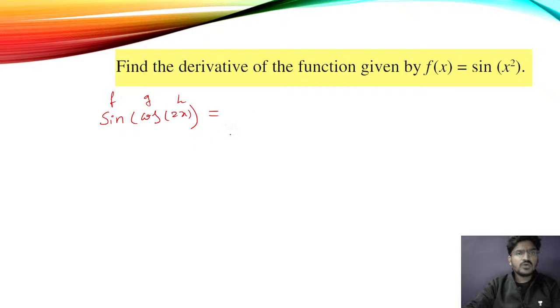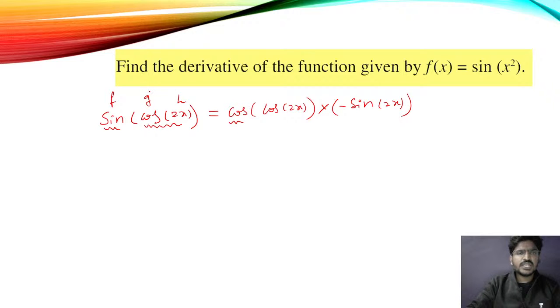You are going to have three functions. So cos of cos 2x you are going to have, because the differentiation of sin is cos, multiplied with, next, you have to differentiate cos of 2x, it will be minus sin of 2x.